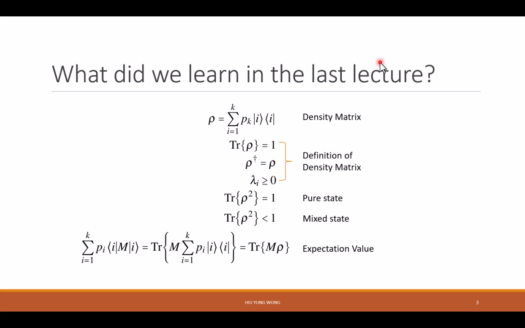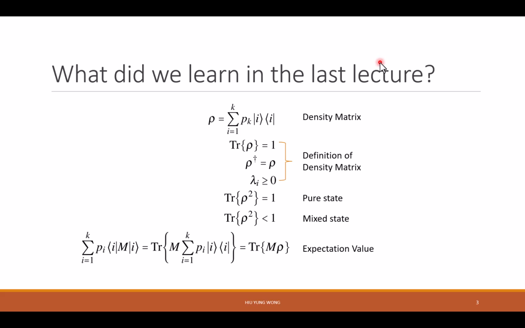Before, right? So last class we talked about the properties of the density matrix, right? And what are the properties? The first thing is that their trace equals 1.